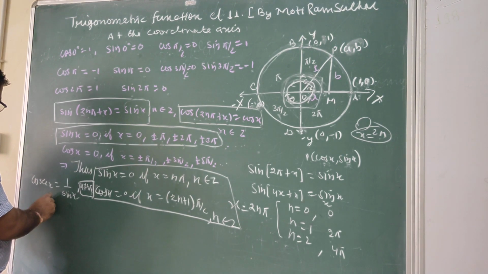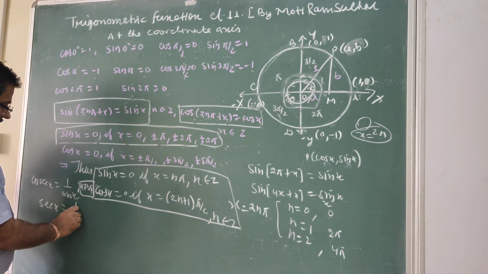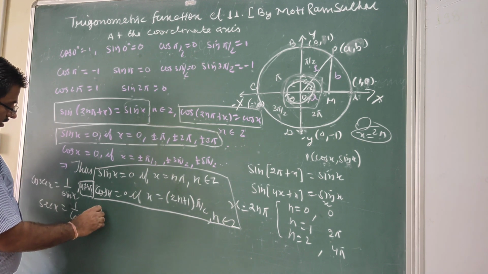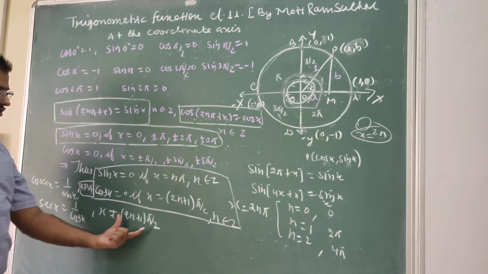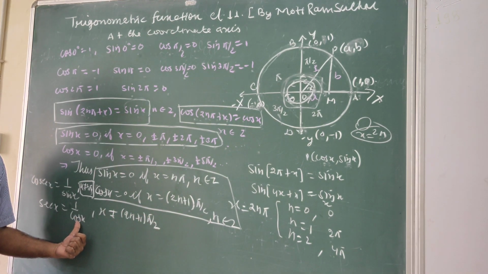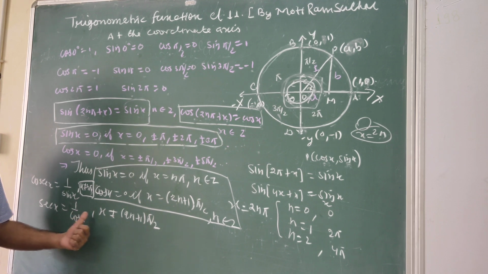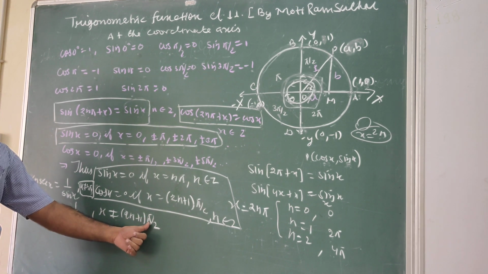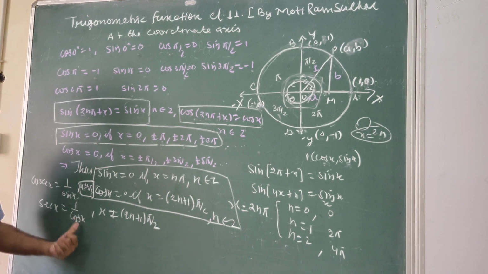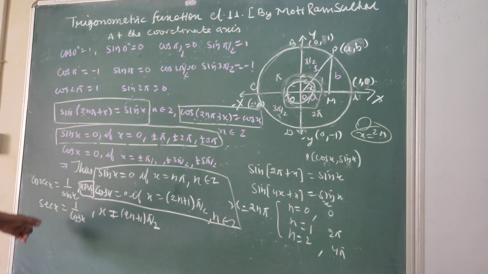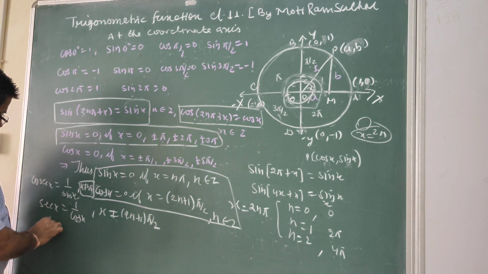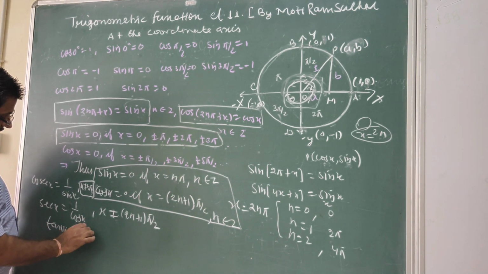Similarly, you can find sec x is 1 upon cos x. Again, x is not equal to an odd multiple of pi by 2, because at this point cos is 0 and 1 upon 0 is not defined. That's why we write x not equal to 2n plus 1 into pi by 2. So sec x equals 1 by cos x. This is clear? Now after getting sin and cos, we can find the value of tan x. So tan x equals sin x upon cos x.